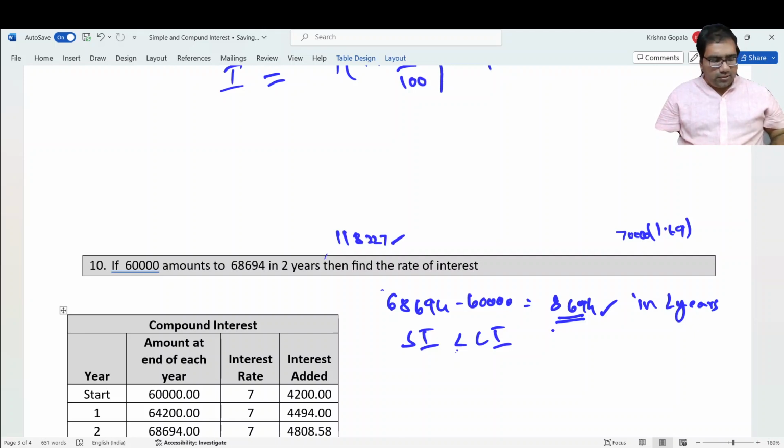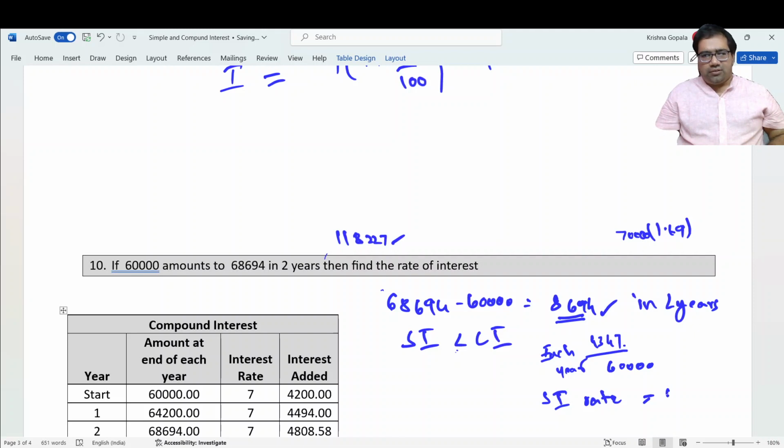Each year it would be 8,694 by 2, right? Which is roughly 4347 each year interest. Each year interest would be 4347 by whatever is 60,000. This is the interest rate. If it is simple interest, rate is 4347 by 60,000.